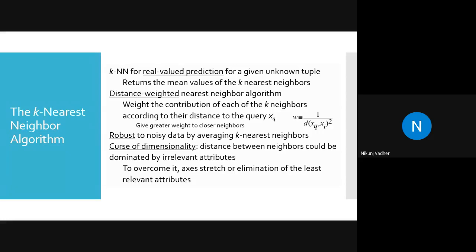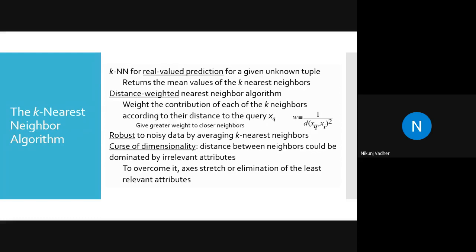But how will we assign the weight? The nearest neighbor will have the higher weight, and the far neighbor, which is far from the sample, will have lower weight.